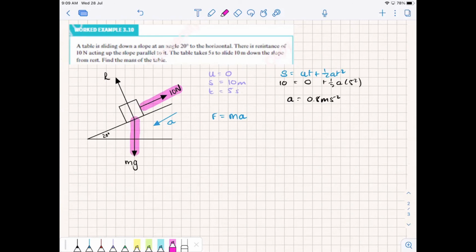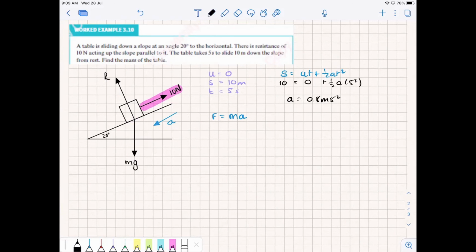And you can see we have this weight force down here. It's going to get split up into a horizontal and vertical component. We are not interested in the force acting perpendicular; we're only interested in the force acting parallel.